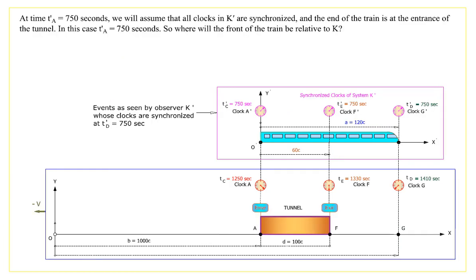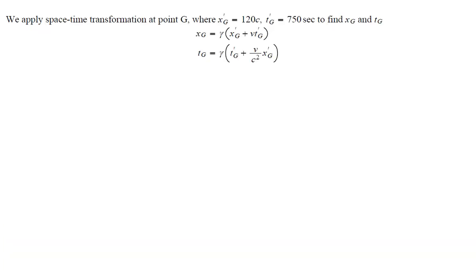At time t'a equals 750 seconds, we will assume that all clocks in K' are synchronized, and the end of the train is at the entrance of the tunnel. In this case t'a equals 750 seconds. So where will the front of the train be relative to K? We apply the spacetime transformation at point G, where x'G equals 120c, t'G equals 750 seconds, to find xg and tg.